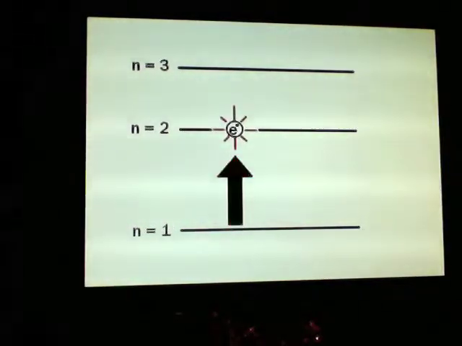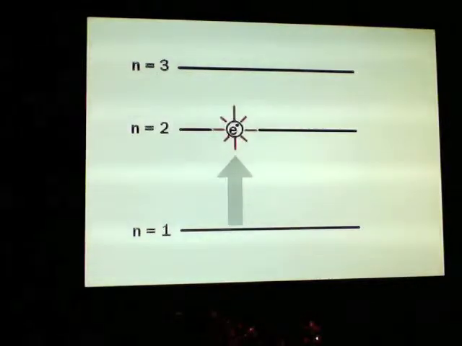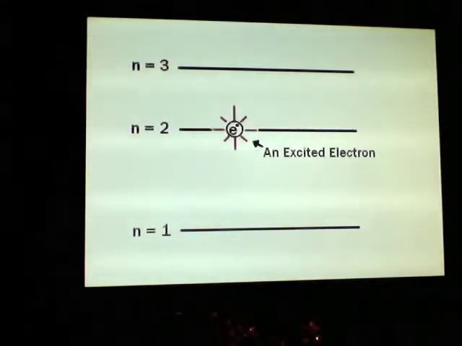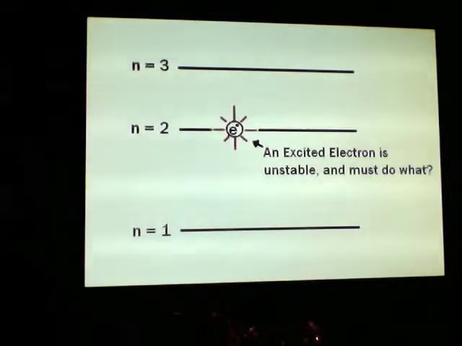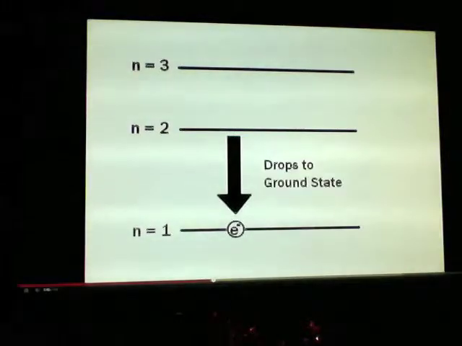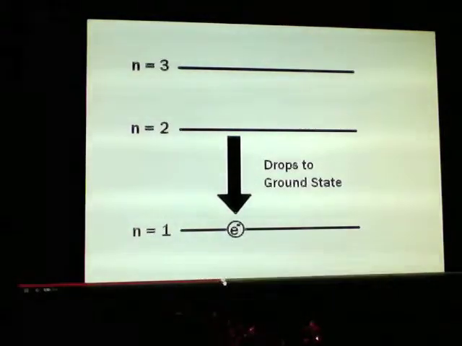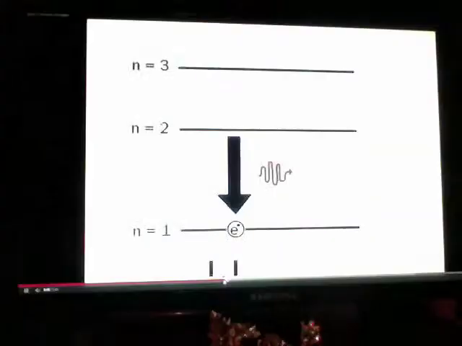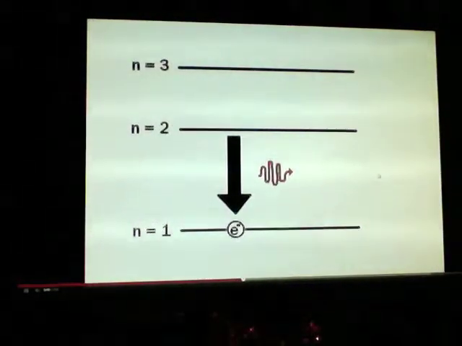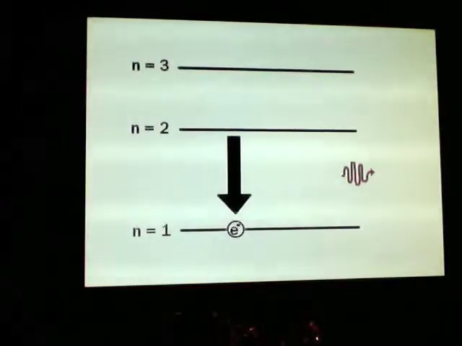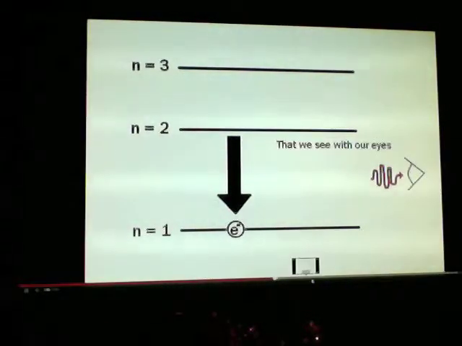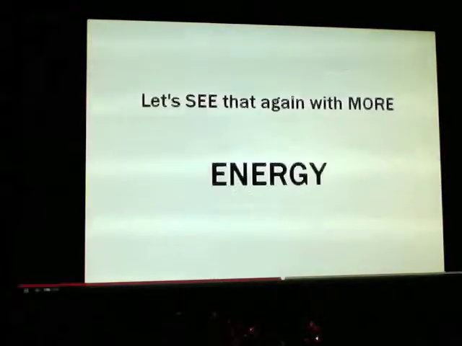Electron being excited, jumping in energy level, unstable, needs to go back down, right, so jumps back down. Now skip through a little bit, and it releases a photon of light, or it releases the same wavelength or energy as it absorbed.